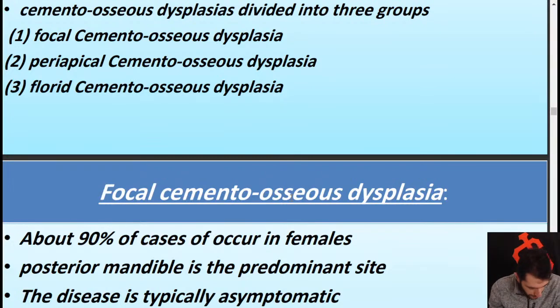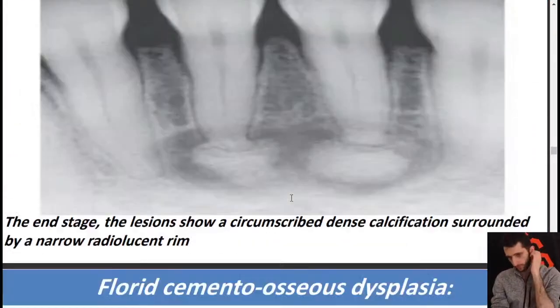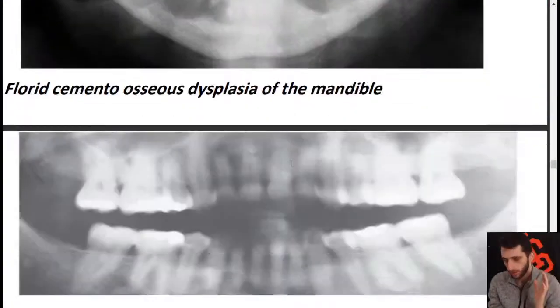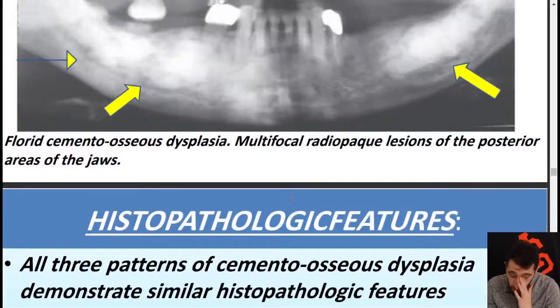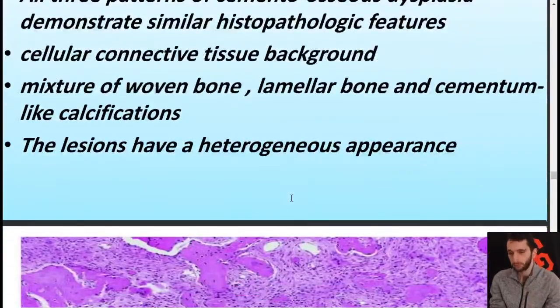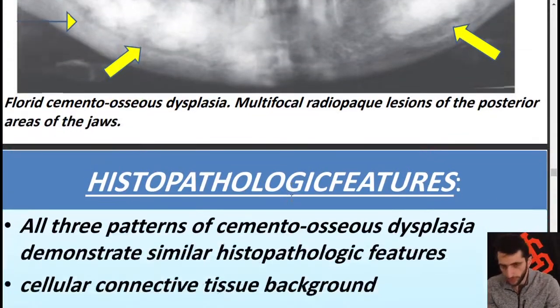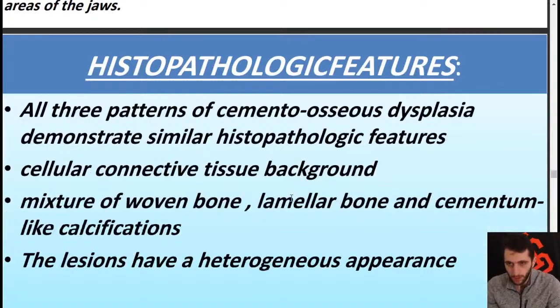Any cemento-osseous dysplasia will happen with females. Albright syndrome, associated with endocrine anomalies, is also associated with females.